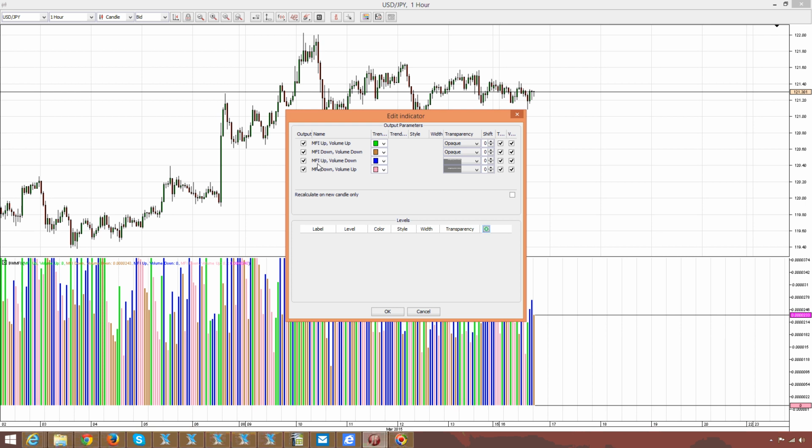Then you have the mixed ones: indicator up, volume down, indicator down, volume up. Well, I guess you already figured the picture. Trying to identify the candles with both volume and the indicator to the upside or to the downside should represent great opportunities for buying call or put options.